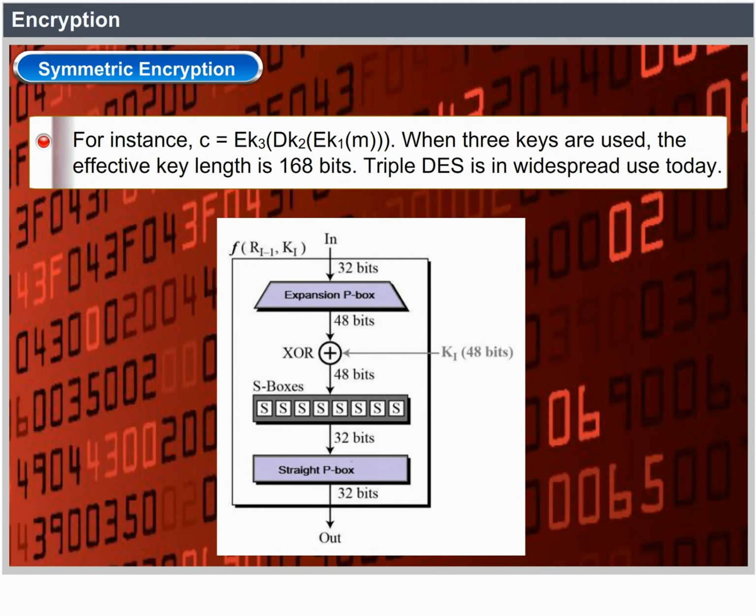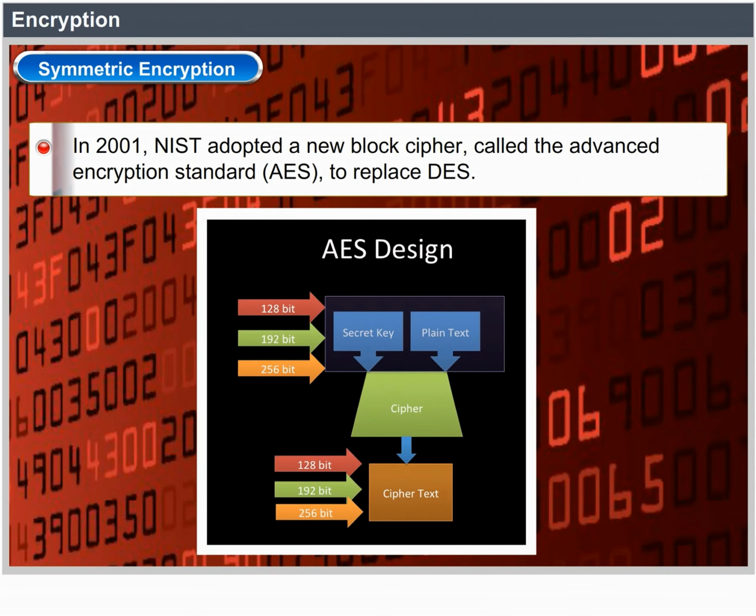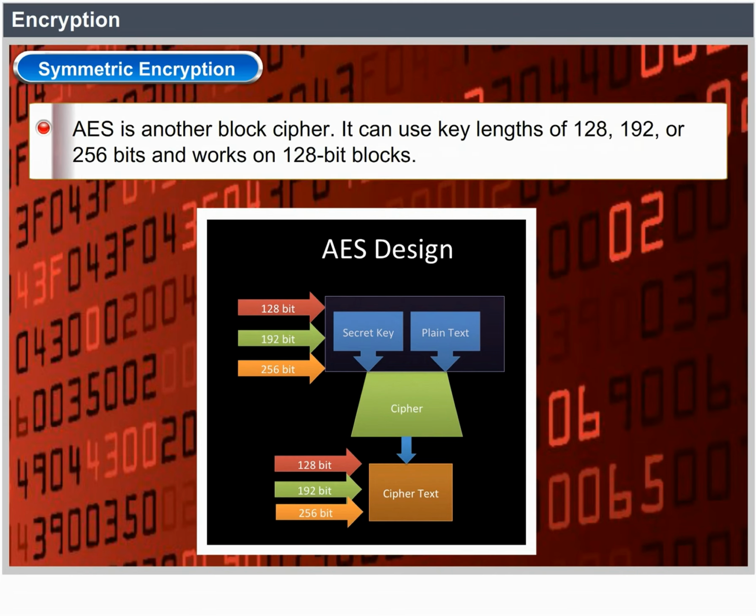In 2001, NIST adopted a new block cipher called the Advanced Encryption Standard (AES) to replace DES. AES is another block cipher. It can use key lengths of 128, 192 or 256 bits and works on 128-bit blocks. Generally, the algorithm is compact and efficient.